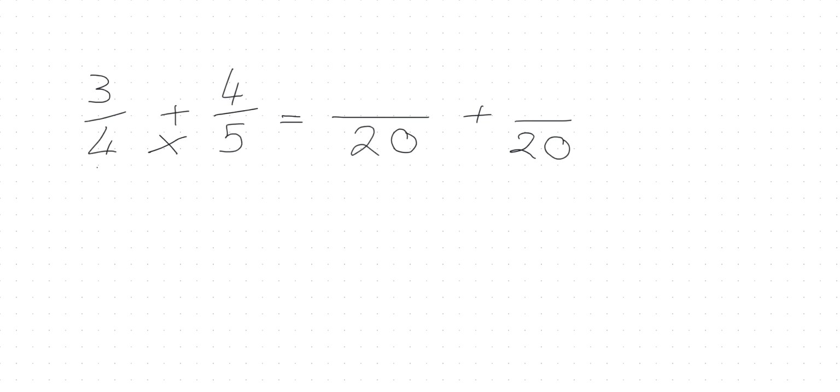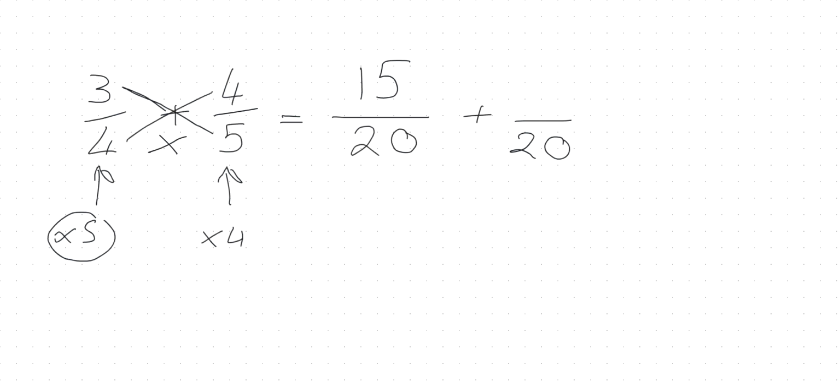This fraction here was multiplied by 5, so the 5 and the 3 need to be multiplied together, which gives me 15. This fraction over here, the bottom value was multiplied by 4, so again the top number needs to be multiplied by 4. This is referred to a lot as the kiss-kiss method, where you kiss your bottoms and then you kiss your diagonals, and that gives you equivalent fractions for both. Which gives us 16.